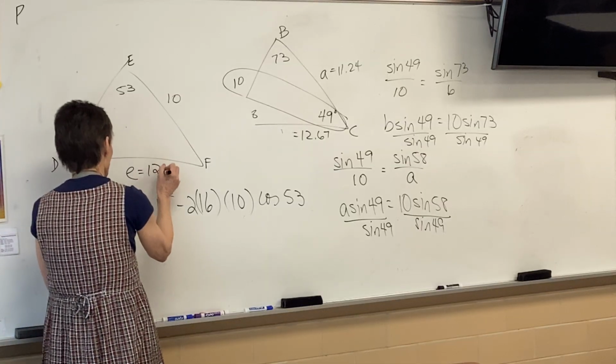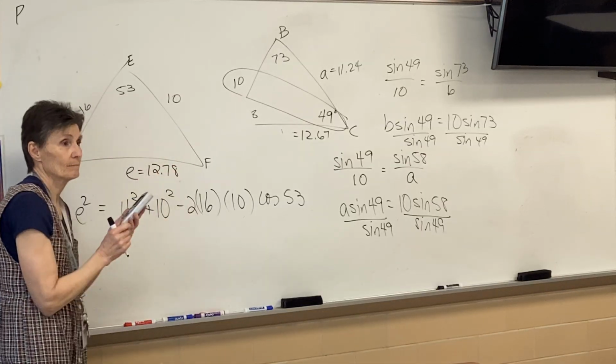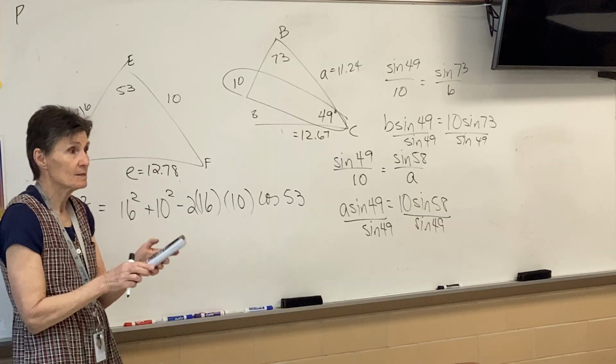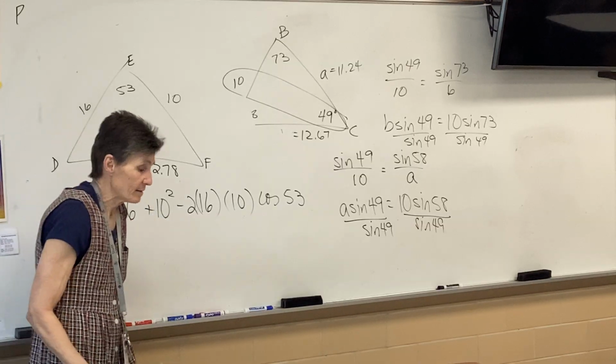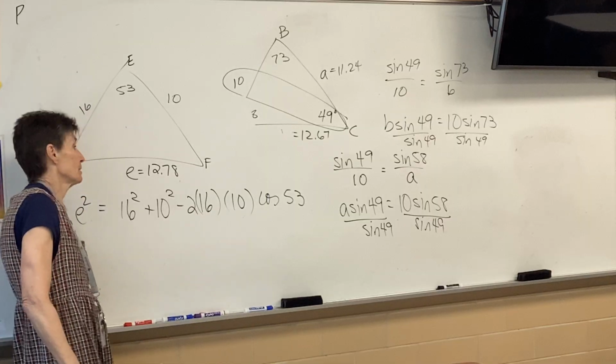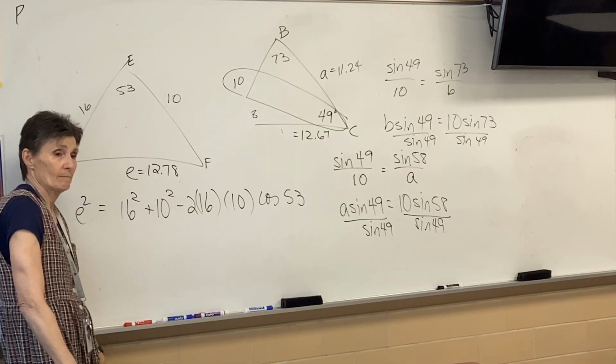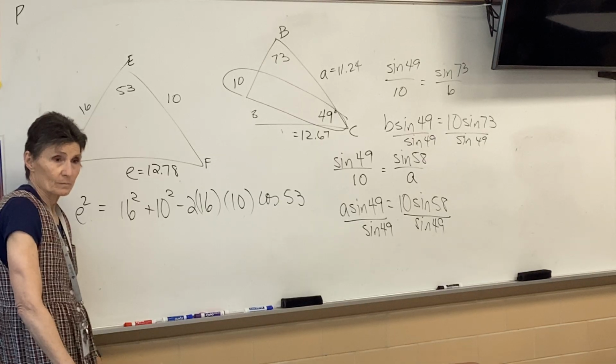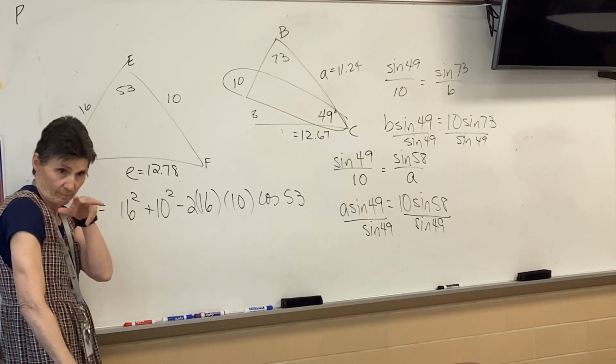And I got 12.78. And that is little e, that is side e, 12.78. Girls, is that what you got?